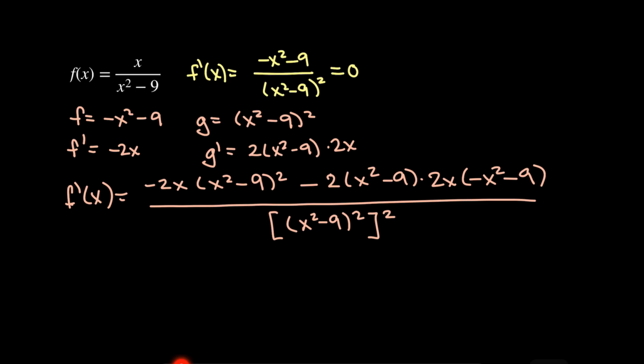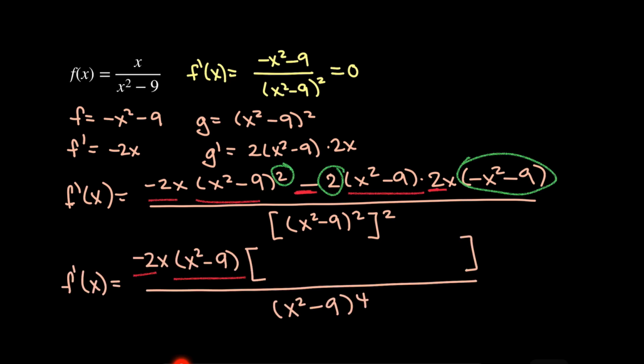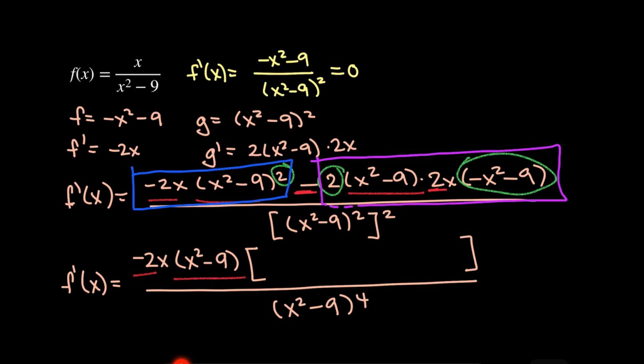All right, we're going to do some algebra on this. I'm going to start by trying to factor the numerator. I'm comparing the two things that are being subtracted in the numerator.